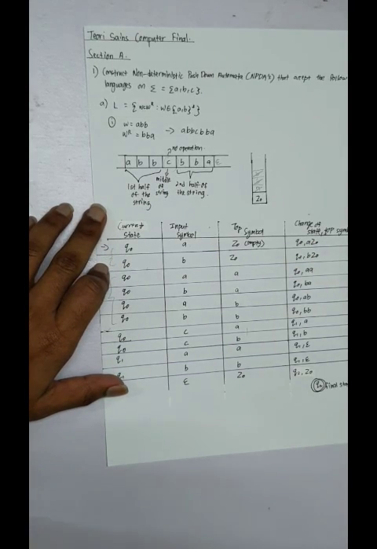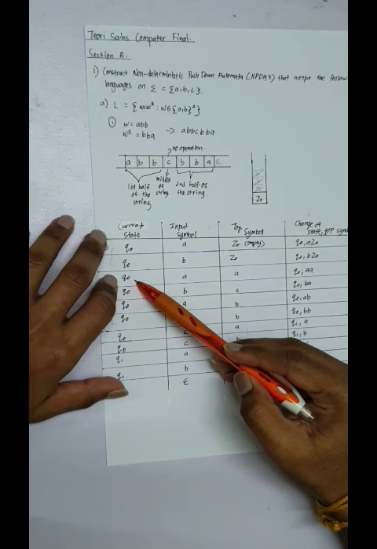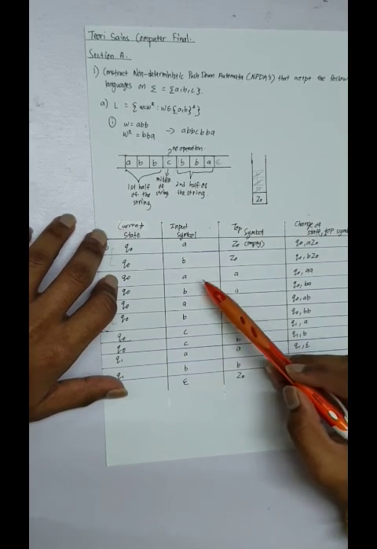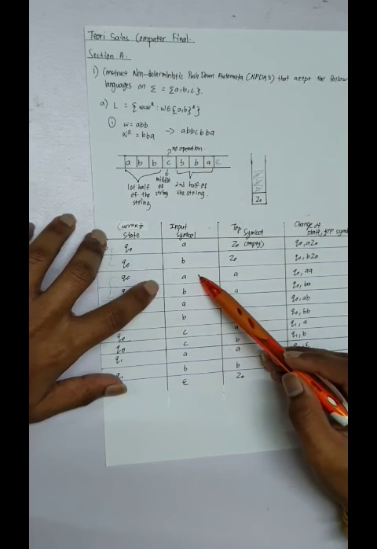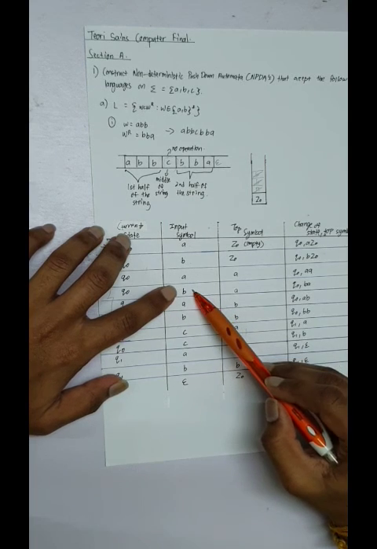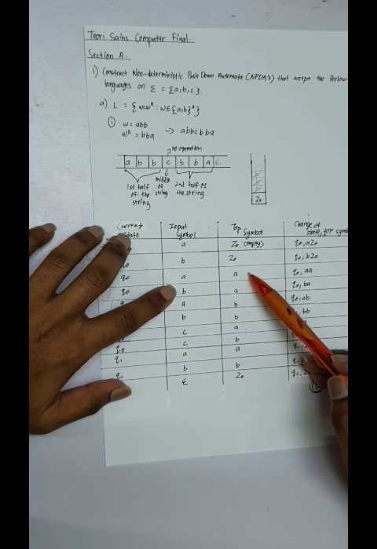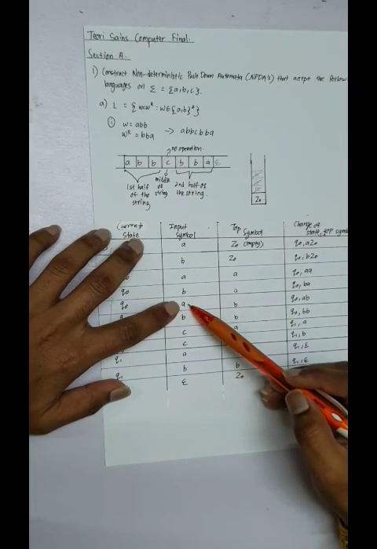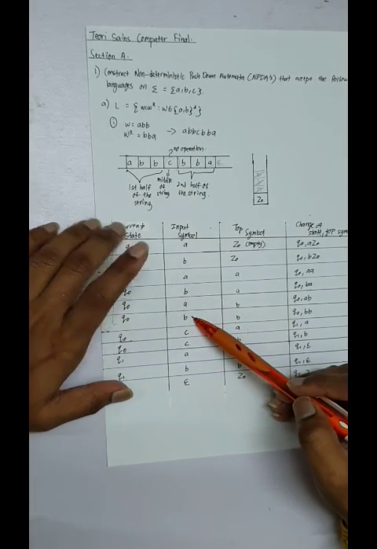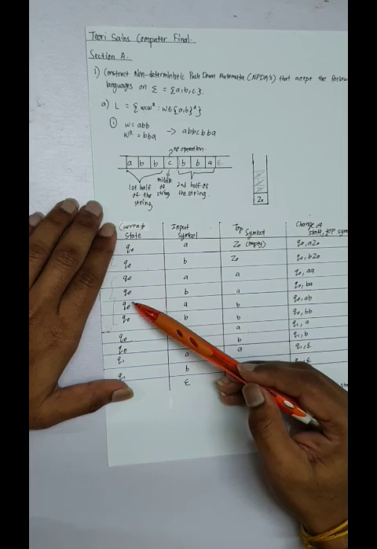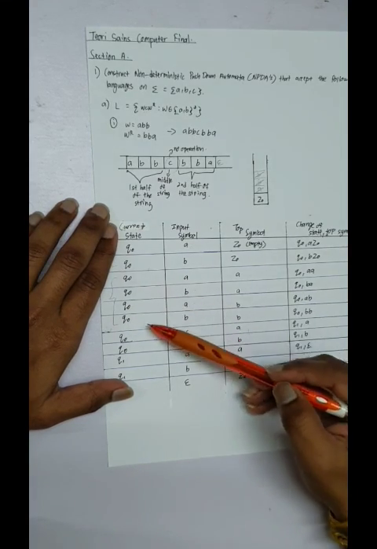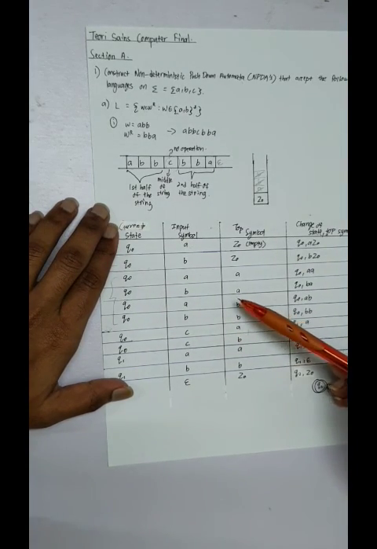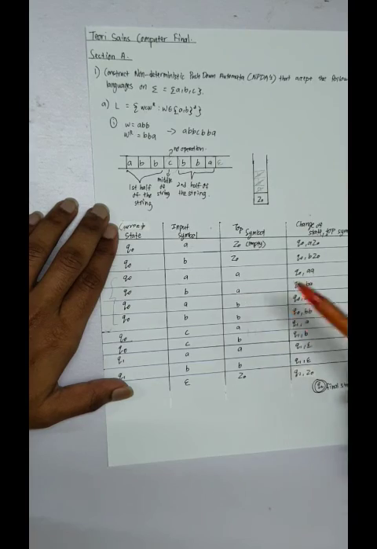Next, the state still remains q0, and the input symbol may be a or b, and the topmost symbol may be a or b. So we have 4 different types of occurrence.